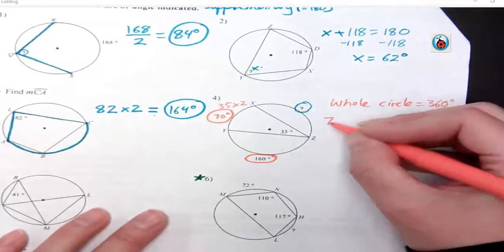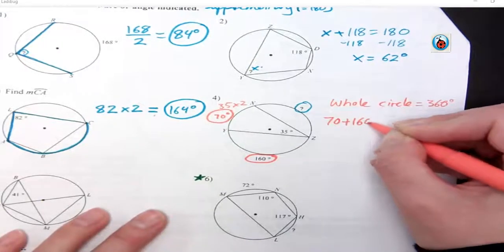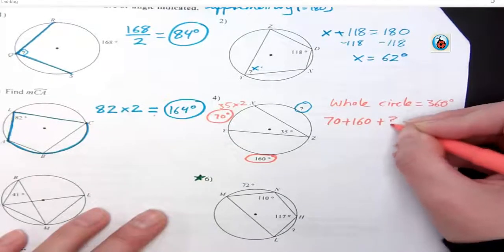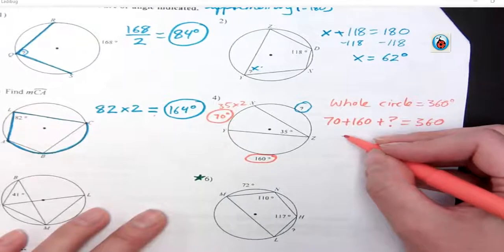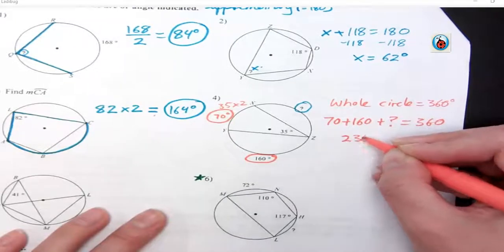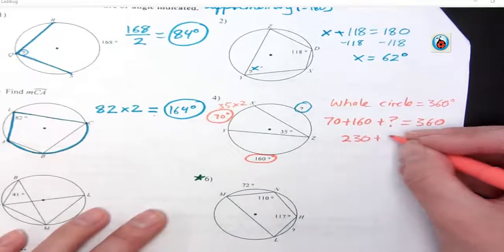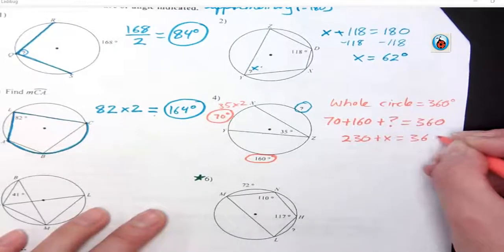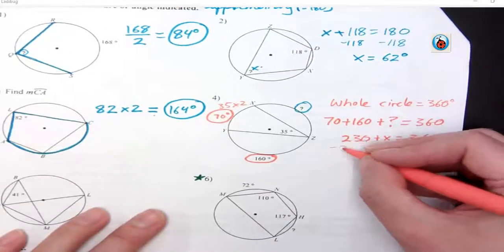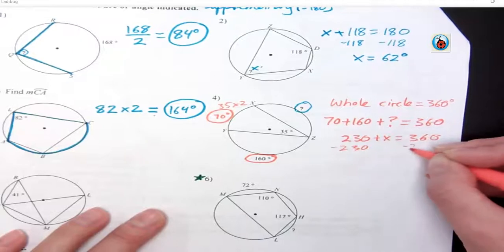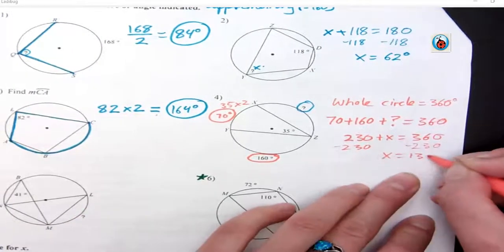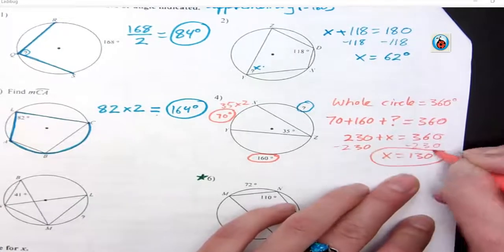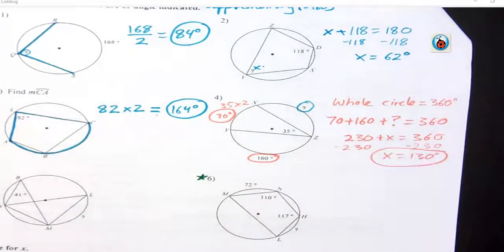And so I just do 70 plus 160 plus my question mark equals 360. And so I add up the two angles I have, subtract to get x equals 130. Or my question mark equals 130 degrees.